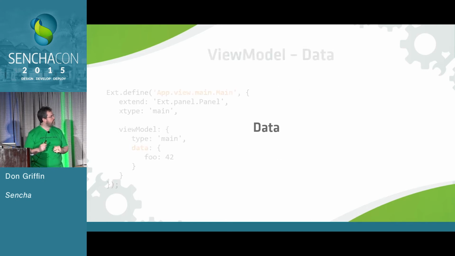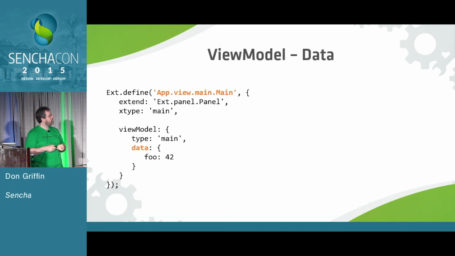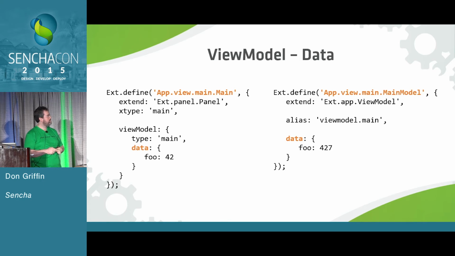So data. What we've got to start off is I'm going to create a view. That view is going to specify a view model. The type is given there, and some data is also given there. To satisfy that, we have to have the view model, and this is the normal way we do that.